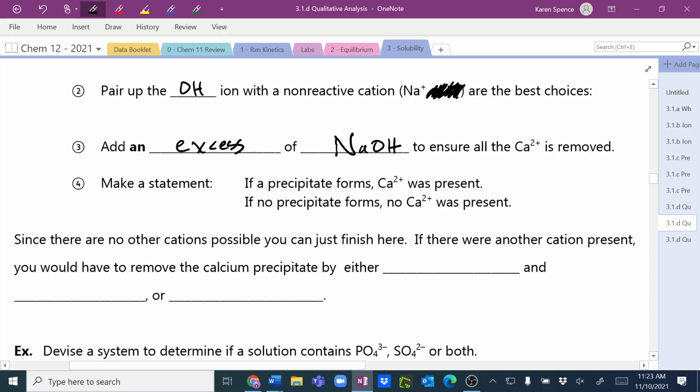Since there were no other cations, you can just finish here, but if there was another cation, you would remove the calcium precipitate by either centrifuging and decanting or filtering.